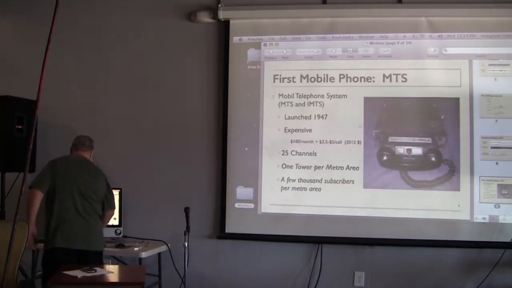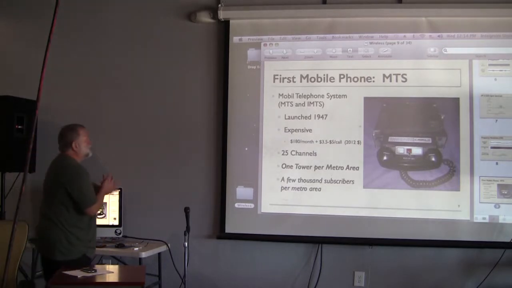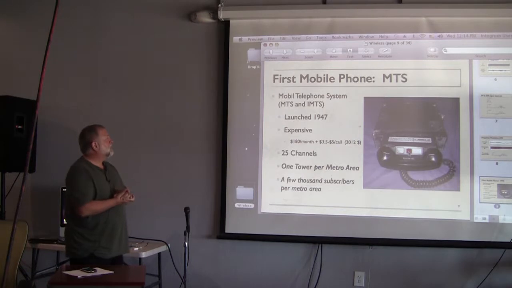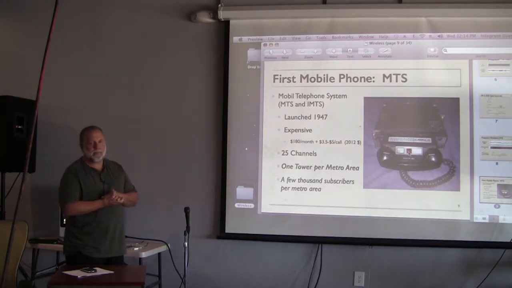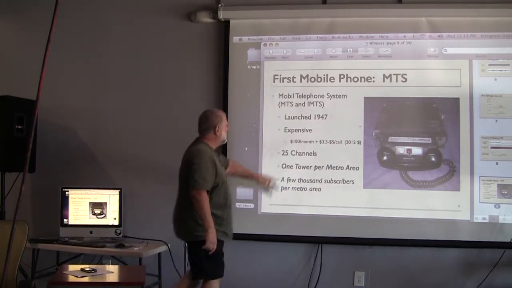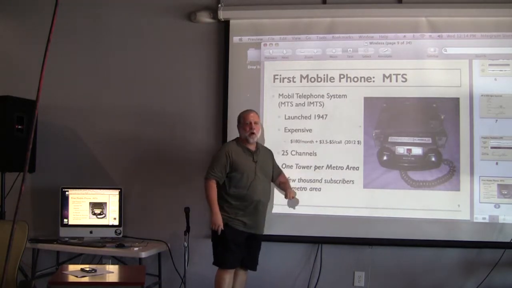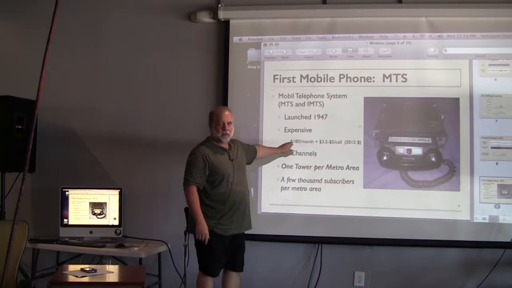Okay, now, there's your first mobile phone device. This is called the Mobile Telephone System, MTS, which was launched in 1947. It's a little expensive. These rates, $180 a month, $3 to $5 a call, that's in 2012 dollars.